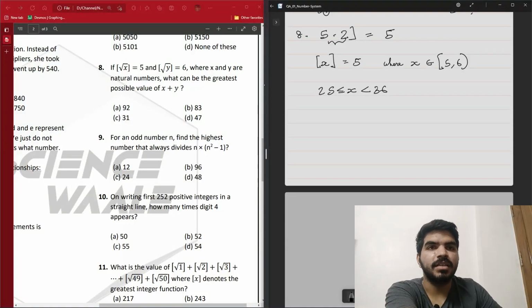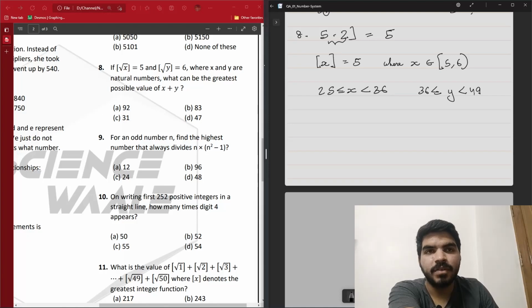We don't want that. For the second part, y will be at least 36 and can go up to 49, but not 49, or it will jump to 7. And we need a natural number.